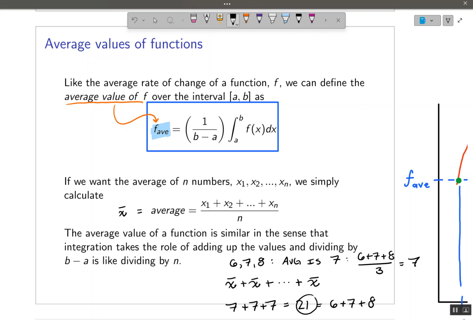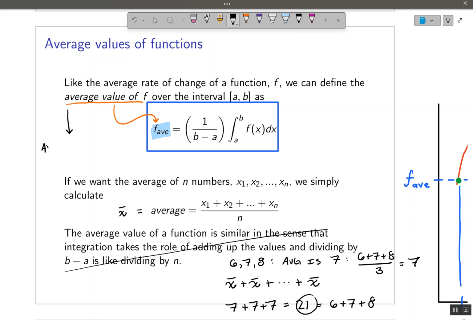This description here I don't really agree with. But we're going to get the same sum if we replace every element of our list of numbers with the average.